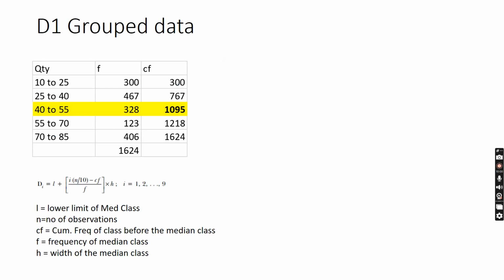Now for deciles, the formula is again the same. So you have D1, D2, D3, D4, D5, D6, D7, D8, D9, and D10. Now, if I want to calculate D2, I first need to calculate which is my D2 class.